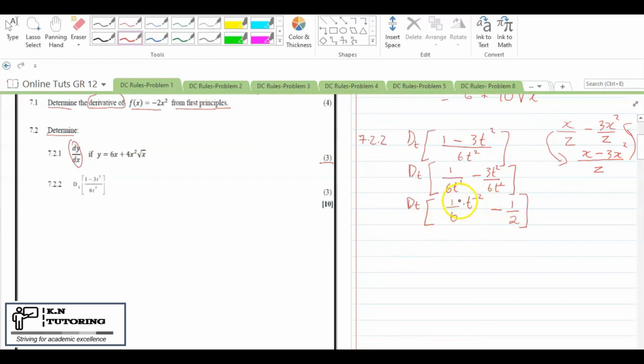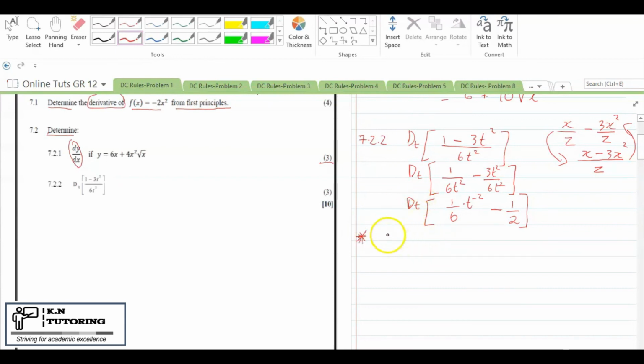Now that I don't have the fraction at the denominator, I don't have square roots, I don't have fractions, I don't have brackets, I can start applying rules of differentiation. For this particular notation, the t or the x or the z or the y, depending on the variables given, when you start applying rules of differentiation, I'll make a start to show that now we're applying rules of differentiation.